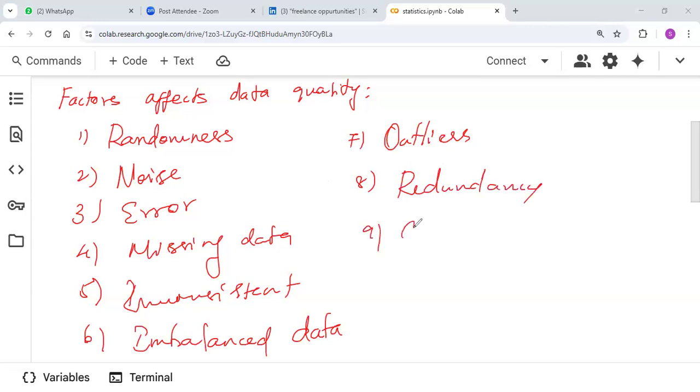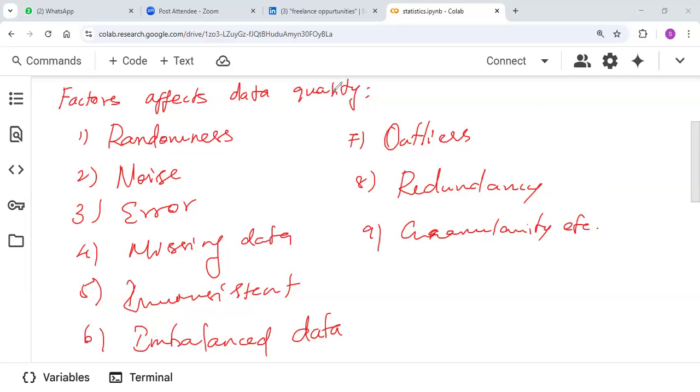And granularity, etc. Okay, guys. So we are going to explore a few aspects of the factors that affect the data quality.